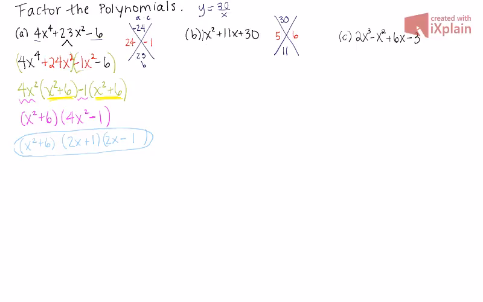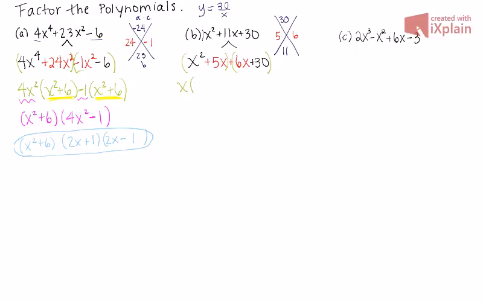So, just like I did in the last problem, I'm going to rewrite my original polynomial by splitting my middle term. So I'm going to have x squared plus 5x plus 6x plus 30. And since I have four terms, I now need to do factor by grouping. So I'm going to split this into two groups. I'm going to look for my GCF of x squared plus 5x, which happens to be x.